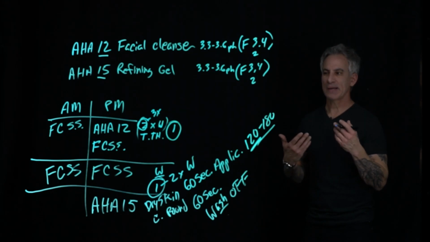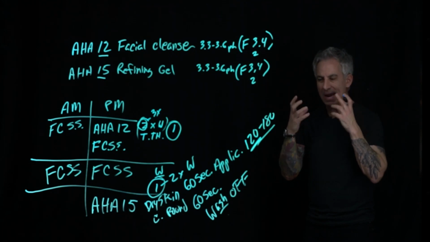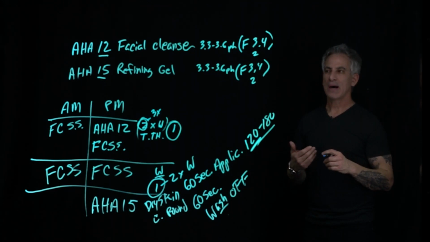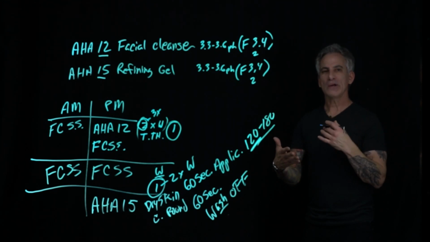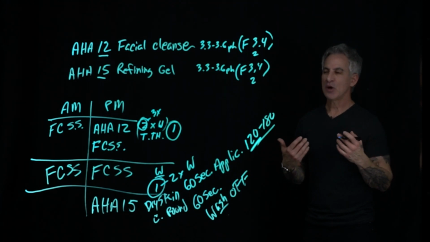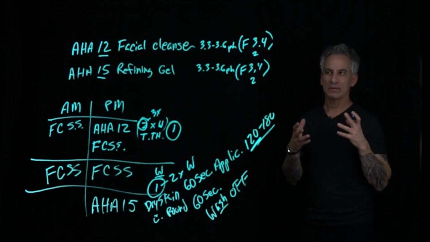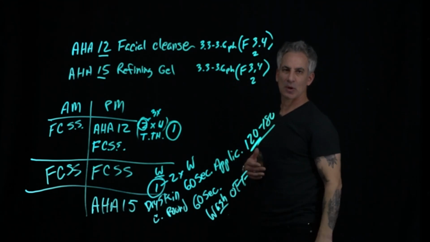If you're using this by yourself, definitely for that first or second week, pay attention and make notes the day after, so you have a record of what you're feeling and seeing on your skin. Both of these products are very strong because of the percentage of glycolic acid and the low pH.